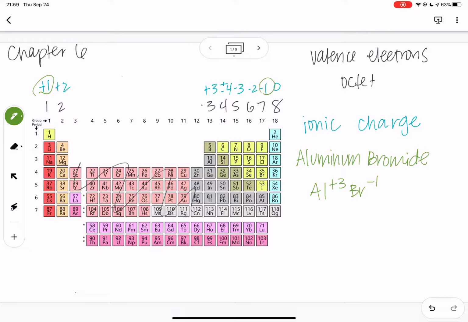In order for that to be neutral, we know we need 2 more bromines with that -1 charge. So now I have +3 and then -1, -1, -1, which is -3. And so that altogether would be neutral. And the way we would denote that there are 3 bromines is by writing a little subscript of 3. Okay. Moving on.